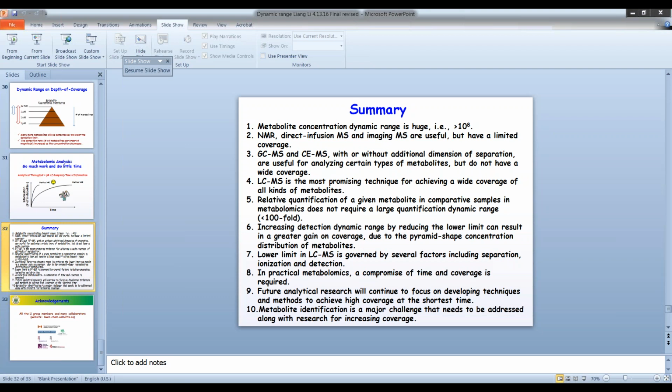That's actually a very good question. About 40% of known metabolites in all different pathways contain an amine group. So the question here is whether we can detect all of these. What we find is that when we use one-dimensional LC, it's difficult to cover all.